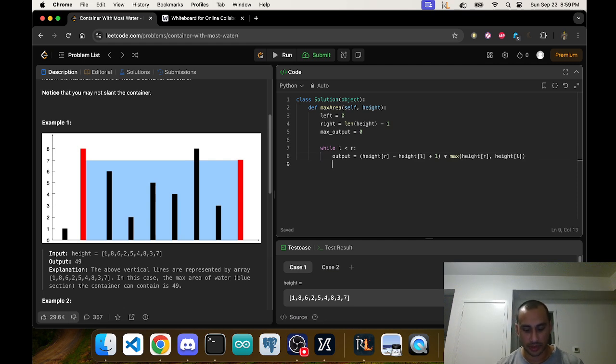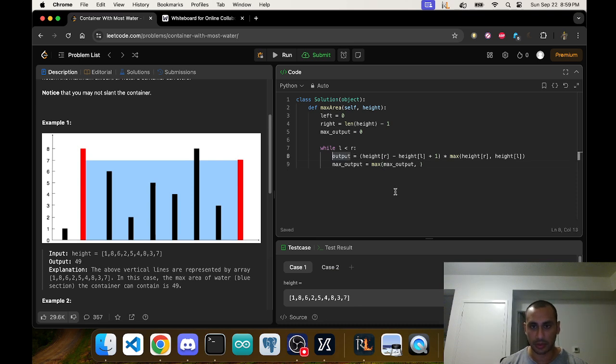And then I'm going to say max output equals the maximum value of itself, max output, and output, and current output.